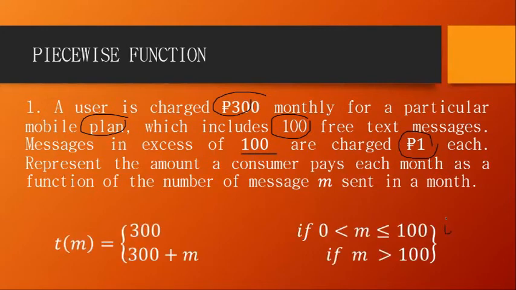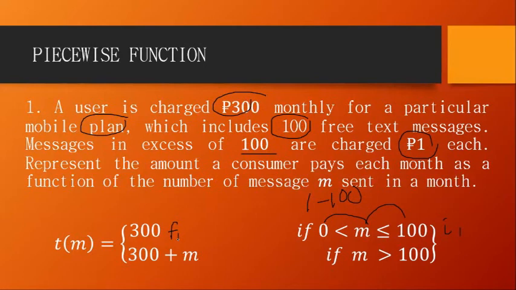Ito yung first interval: if m is greater than 0 but less than 100. Ibig sabihin, from 1 to 100 na text messages, fixed yung kailangan mong bayaran, and that is 300 pesos. So this will be the function 1.